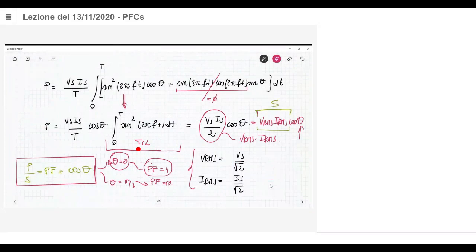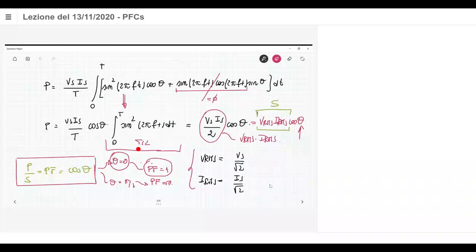This is a totally ideal situation in which I have a circuit composed of a resistor, giving you no phase shift between the current and the voltage, and so you are able to extract all the apparent power as a useful average real power.